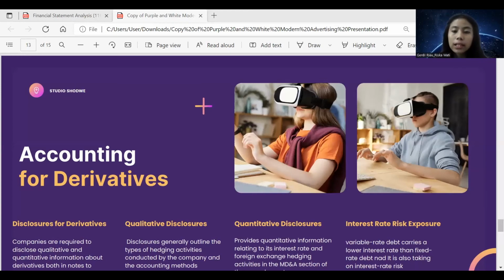The third, quantitative disclosure. A company often provides quantitative information related to its interest rate and foreign exchange hedging activities in the MD&A section of the annual report.